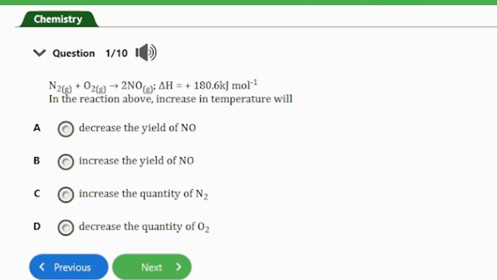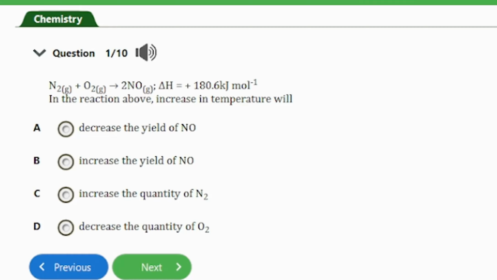We have delta H to be positive 180.6 kilojoule per mole. So in the reaction above, increase in temperature will A, decrease the yield of NO, B, increase the yield of NO, C, increase the quantity of N2, D, decrease the quantity of O2.